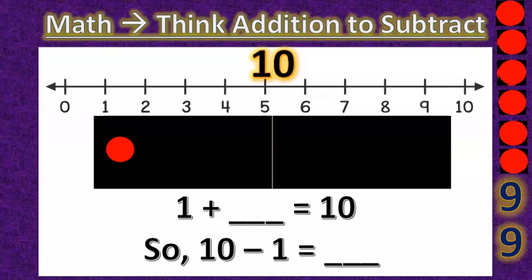Same process, boys and girls. You're going to look here first at this number. What number is this? 10. Good job. So, since this is 10, what number does this have to be right here? 10. Good job.